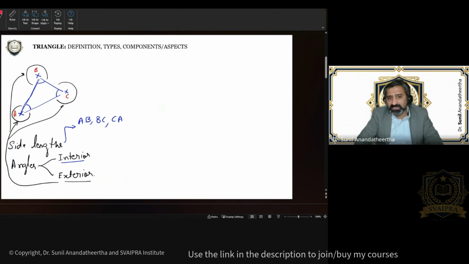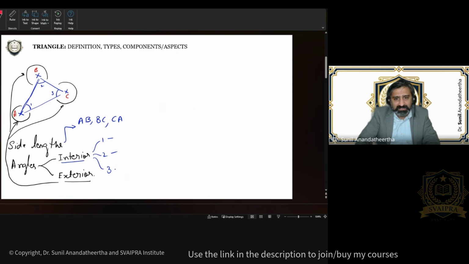Now, in terms of the interior angles, we are not going to be working with exterior angles right now. So, we are only focusing on interior angles of a triangle. There are three angles. One is this, two is there, and three is here.